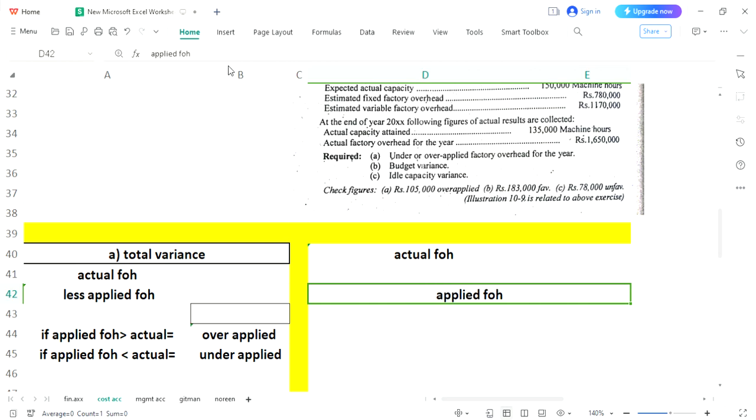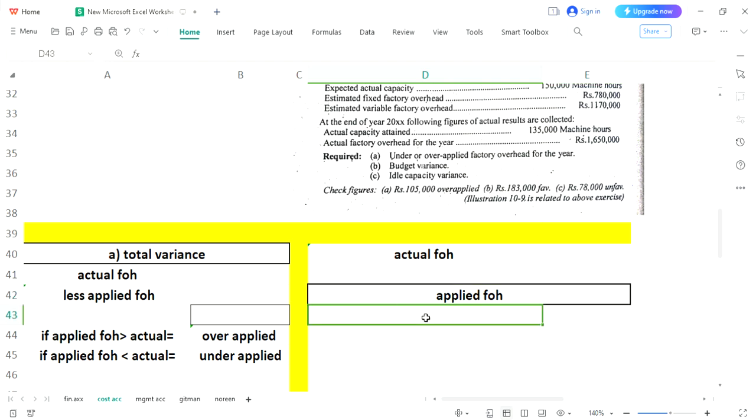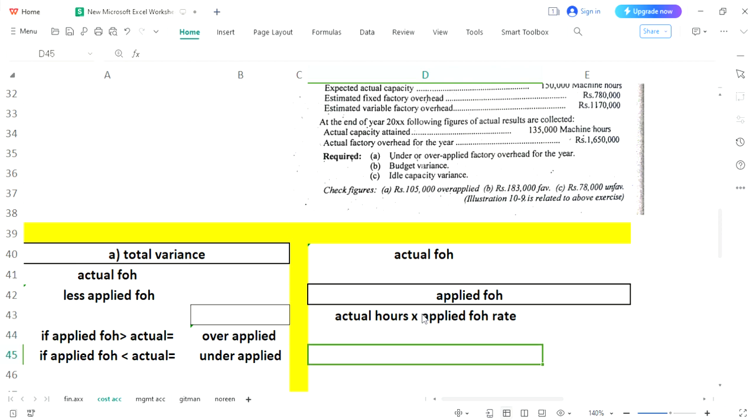How will you apply that formula? For that purpose, you need actual hours, and then you will multiply it with applied FH rate. In this way, you will be able to calculate your applied FH.